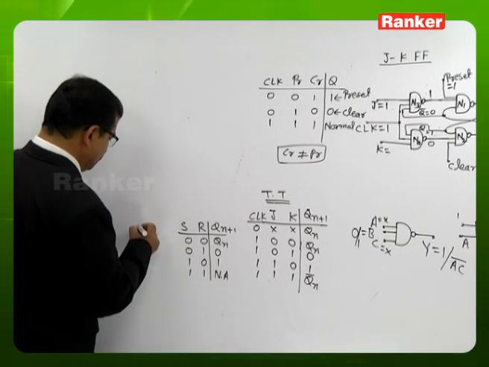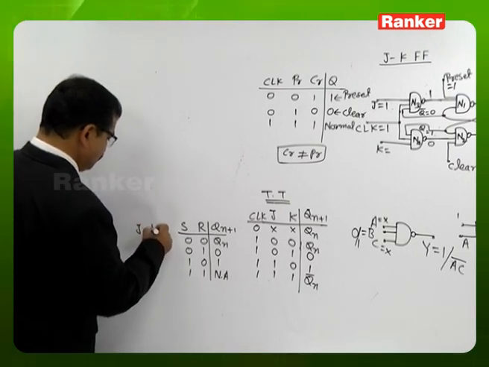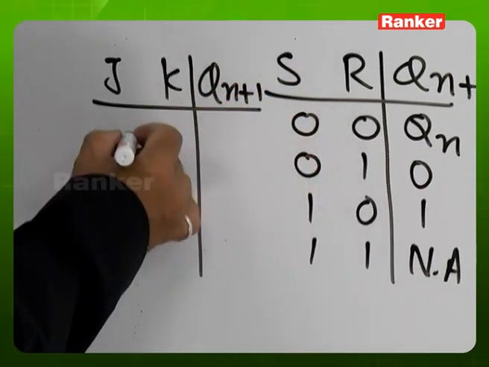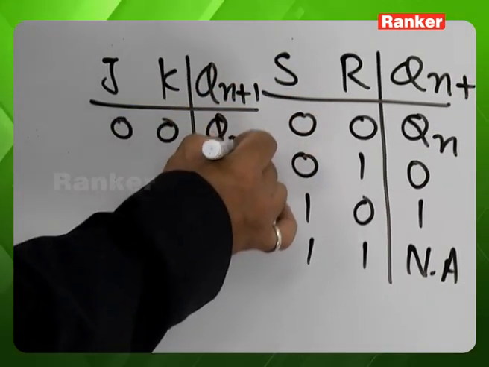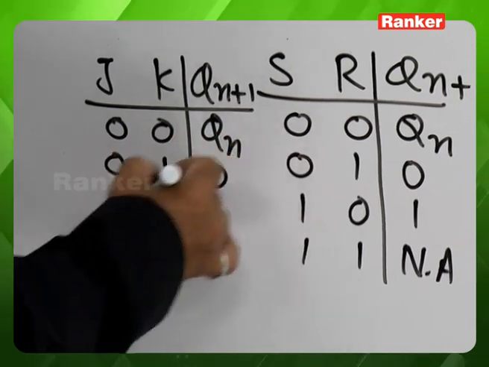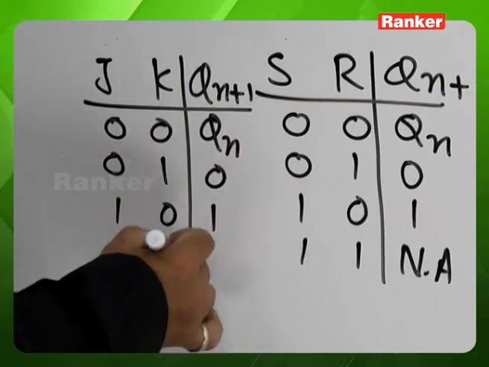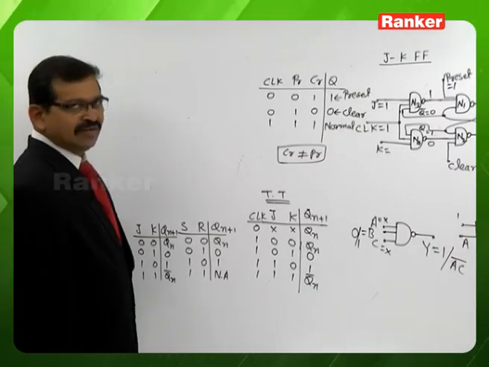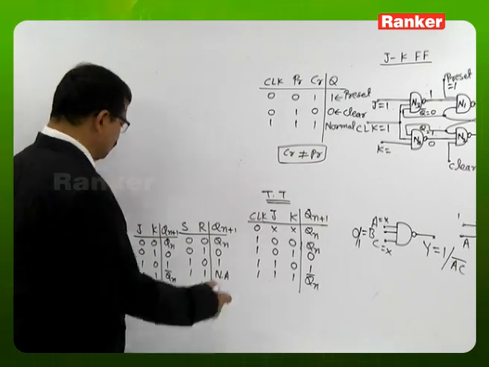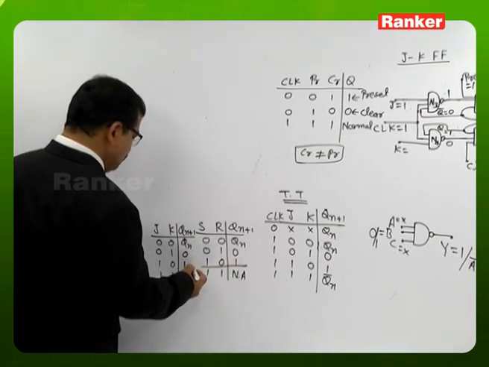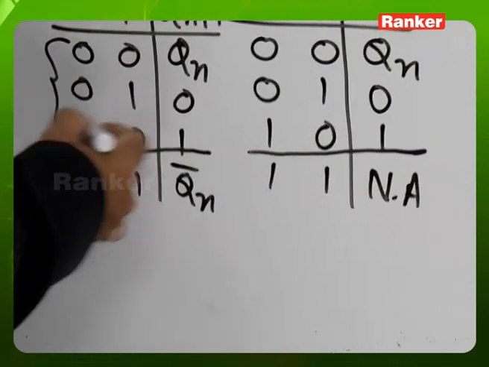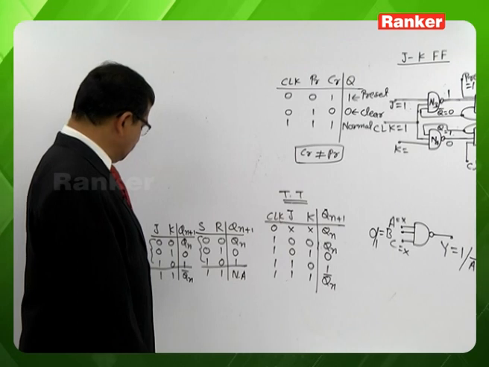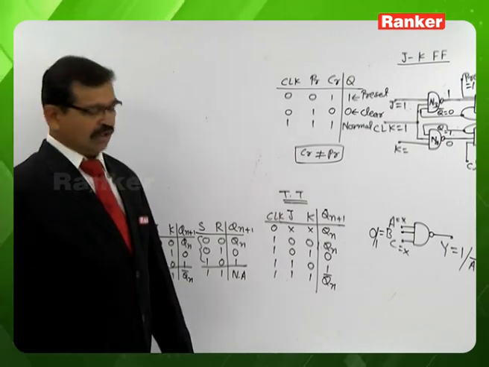Similarly for JK: 0 0 gives Qn, 0 1 gives 0, 1 0 gives 1, and 1 1 gives the complement of the previous state. So as far as the first three rows are concerned, the truth tables of SR and JK are the same. The SR and JK flip-flop operations differ only in the last row.